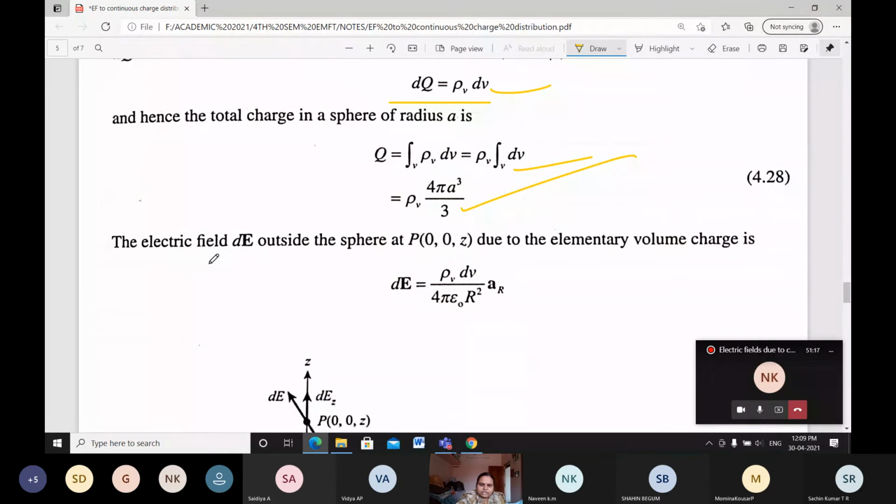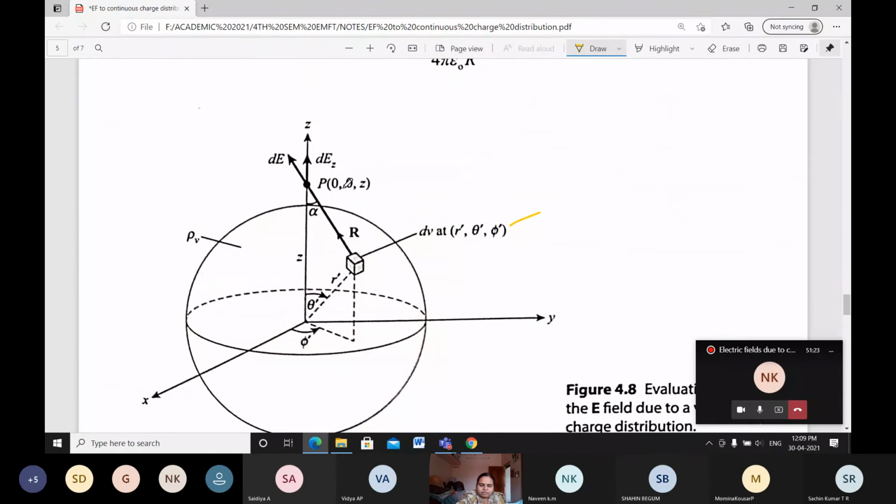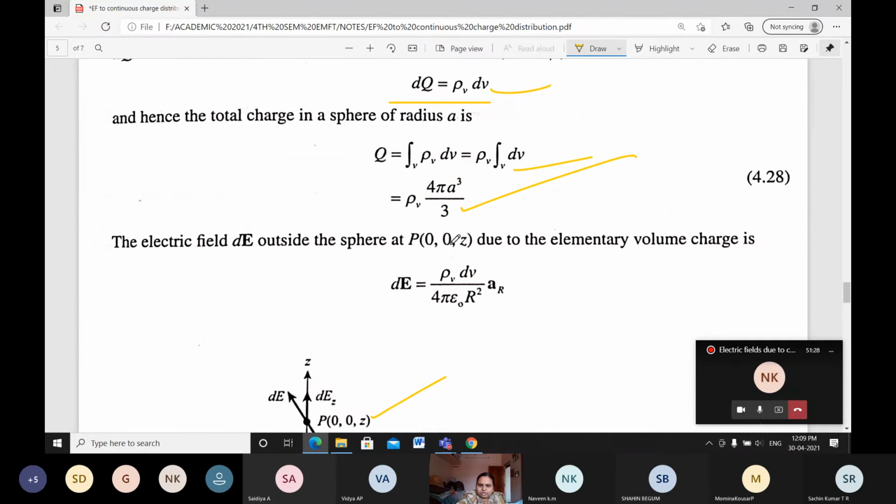Then the electric field intensity dE outside the sphere at point P, where the varying factor is only at z, so the point is 0, 0, z, due to the elementary volume charge is dE equals rho v into dv divided by 4 pi epsilon naught r square into AR.